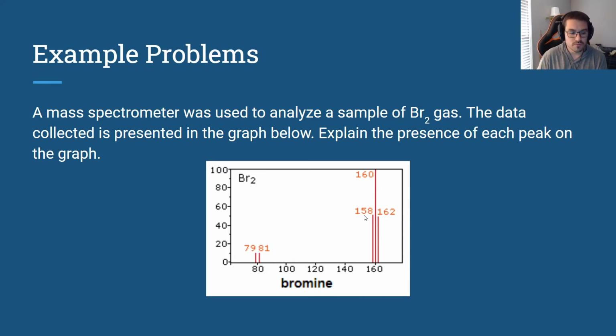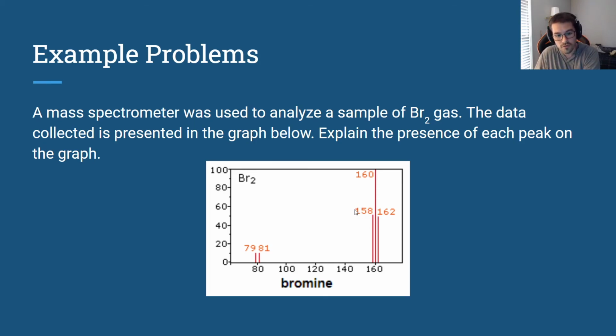If you were to take a handful of Br2 molecules, let's say you took 4 of them, because bromine is basically a 50-50 split between 79 and 81, the probability states that about a quarter of the time you're going to get 2 Br79s, and that would give you an overall mass of 158 for that molecule.